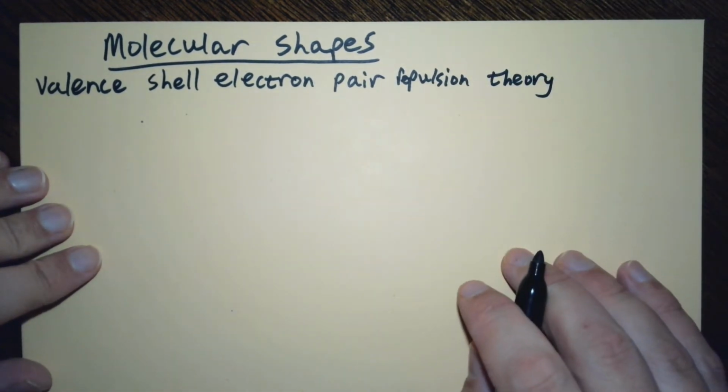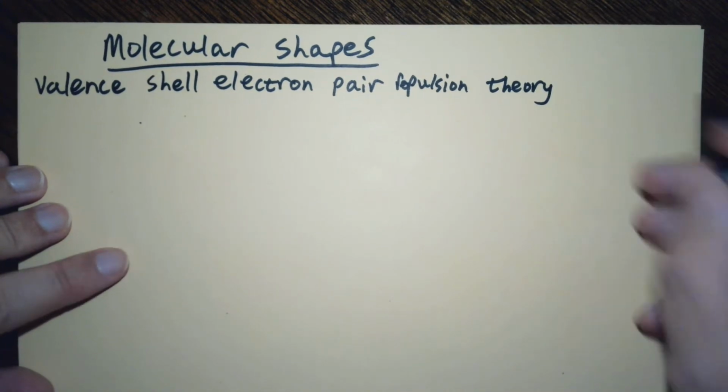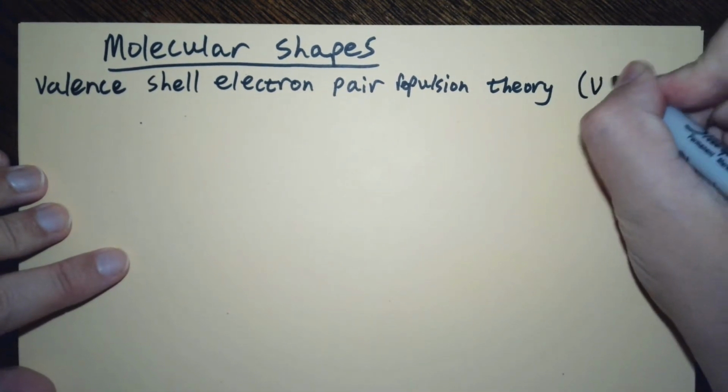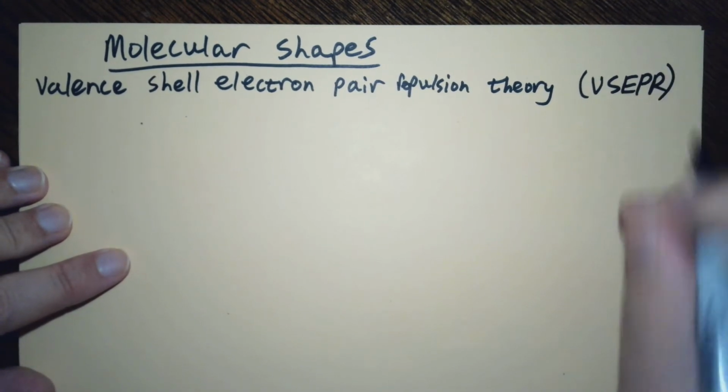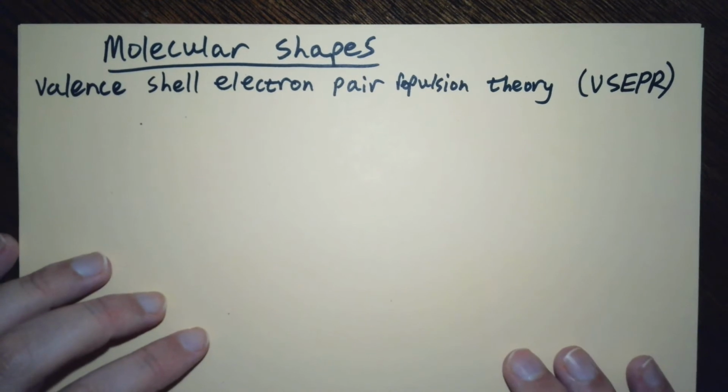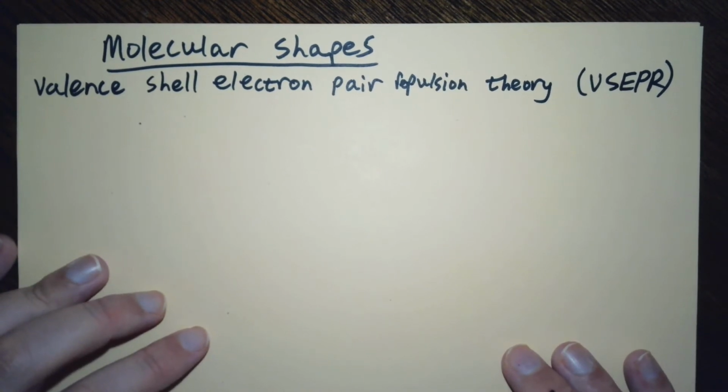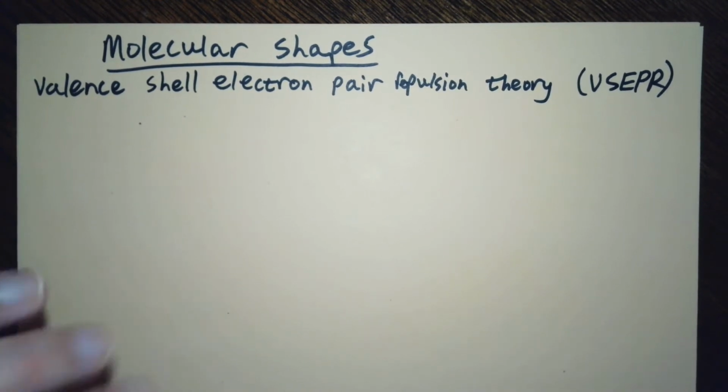Chemists aren't going to say that. We call it VSEPR theory. We're not saying valence shell electron pair repulsion theory. Oh, you've got to breathe in the middle. We are just going straight VSEPR.